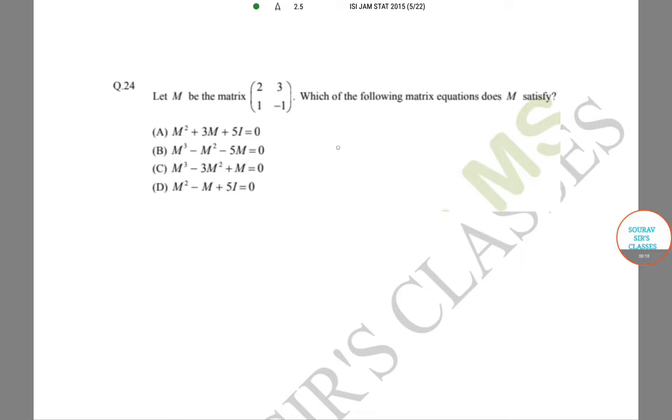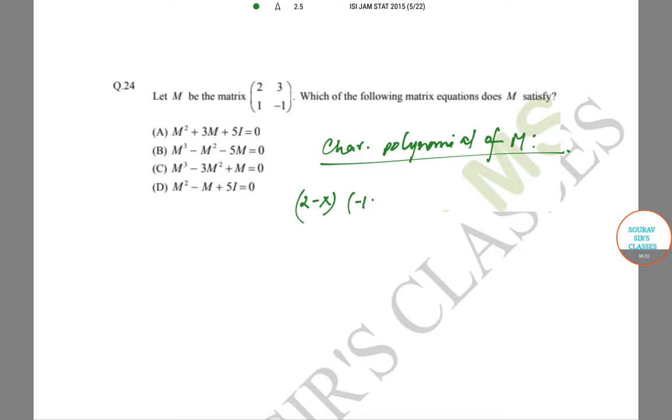Now, the characteristic polynomial of M is (2 minus x)(minus 1 minus x) minus 3, which is x square minus x minus 2 minus 3, which makes x square minus x minus 5.